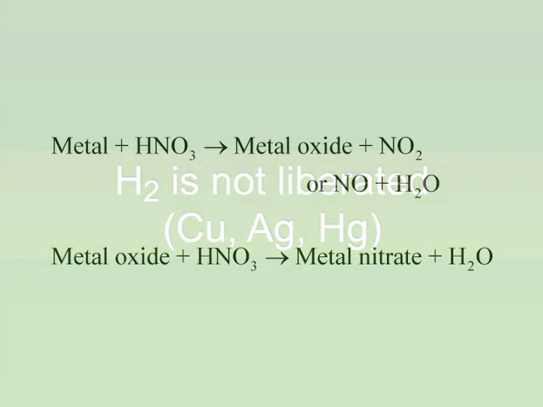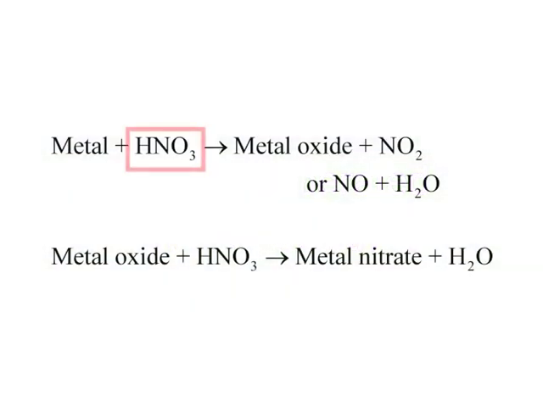Instead, nitric acid oxidizes these metals to their respective oxides, while it itself is reduced to form either brown fumes of NO2 or colorless vapors of NO. The metal oxide thus formed reacts further with excess of nitric acid to form the corresponding metal nitrate and water.